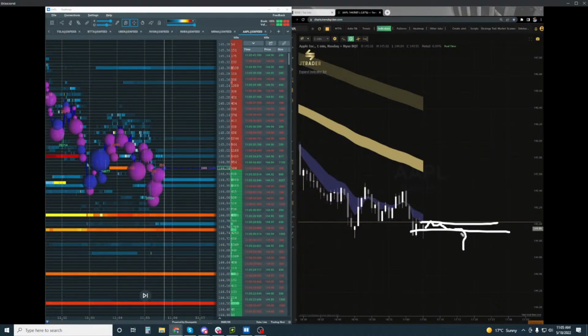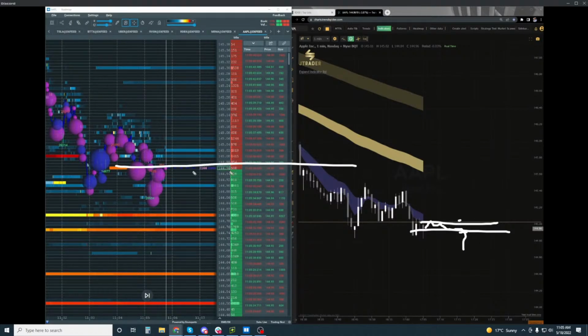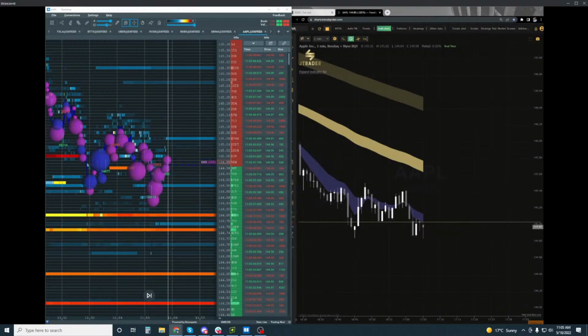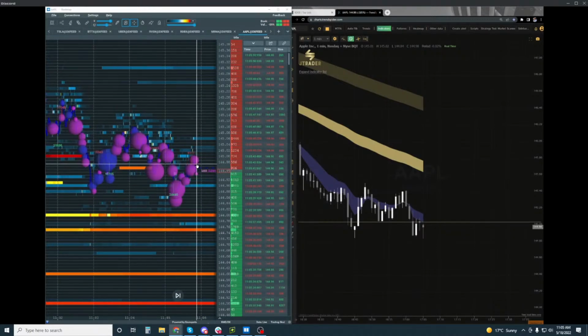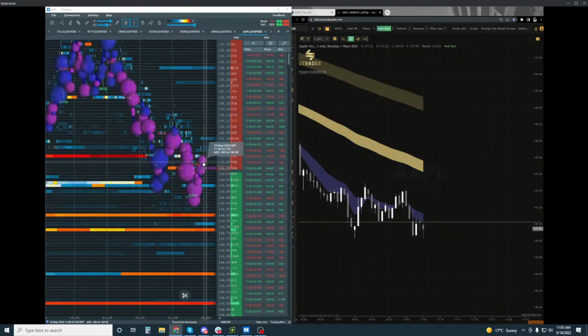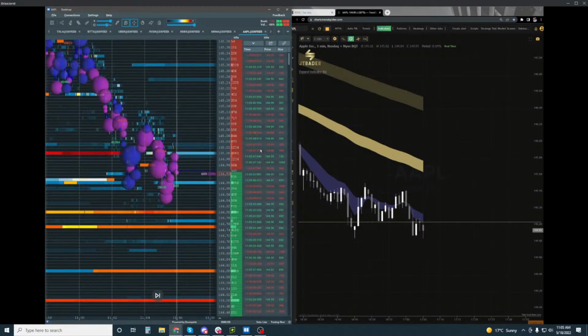And I will look to short this area over here with a very tight risk. But I need to see that the price stays below 145 and we have this. I mean, this dip is pretty nice, because it's still showing, I always say, weakness, right? Still showing sellers.